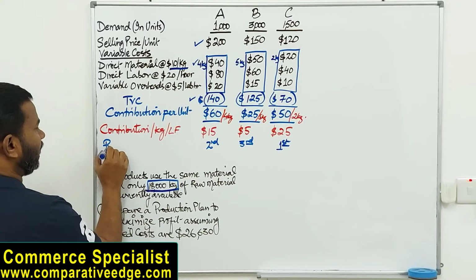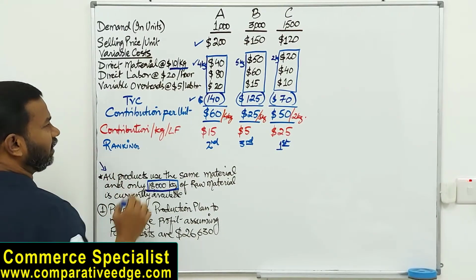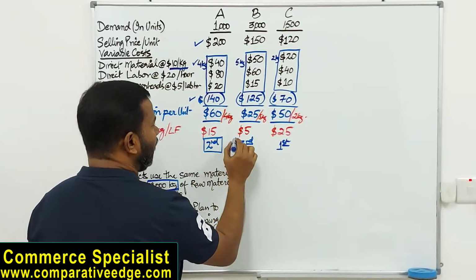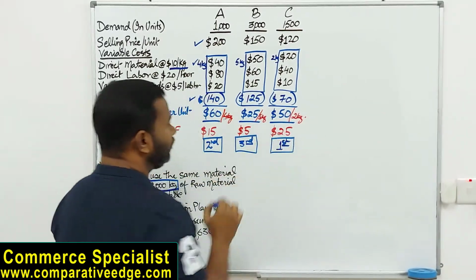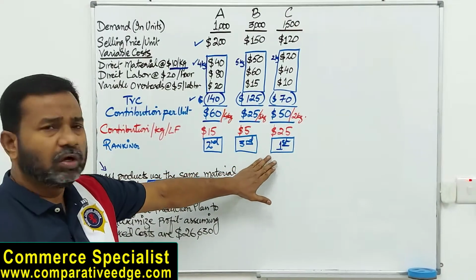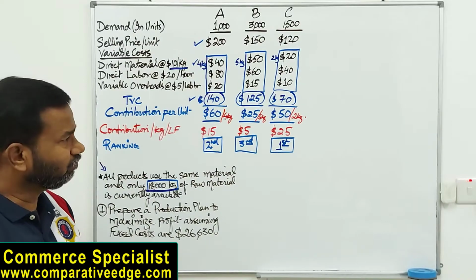So this is ranking done here. And according to these rankings, I'm going to manufacture. So my first priority is to make product C. Why? Because this gives me the maximum contribution.